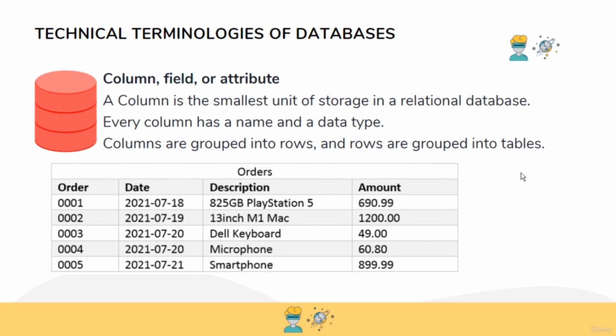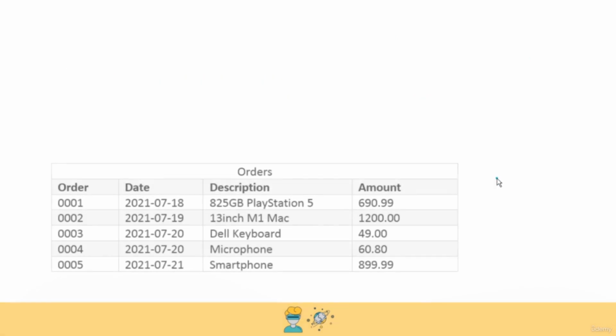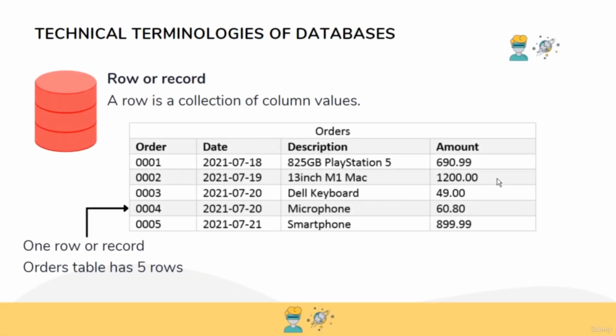The data type of the amount column is number, description, string, date. Some people store dates in strings, some databases support date as a data type, so we're going to say the date column has a data type of date, order, number, or string. It's going to depend on how you're going to store.